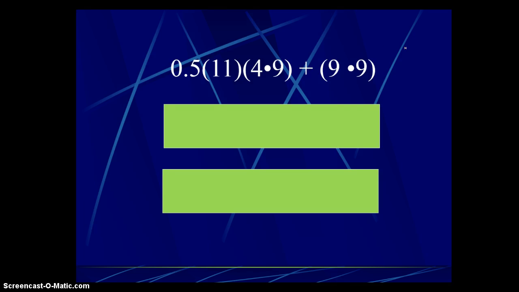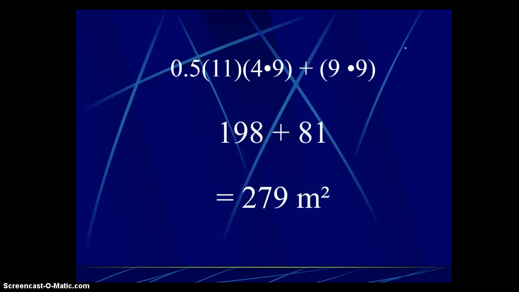Our slant height was 11. Where's that 4 times 9 coming from? What about the base? 4 sides. It's the perimeter of the base. And then for the area of the base, we're going to multiply 9 times 9. We'll add those products together, and you get a total surface area of 279 meters squared.